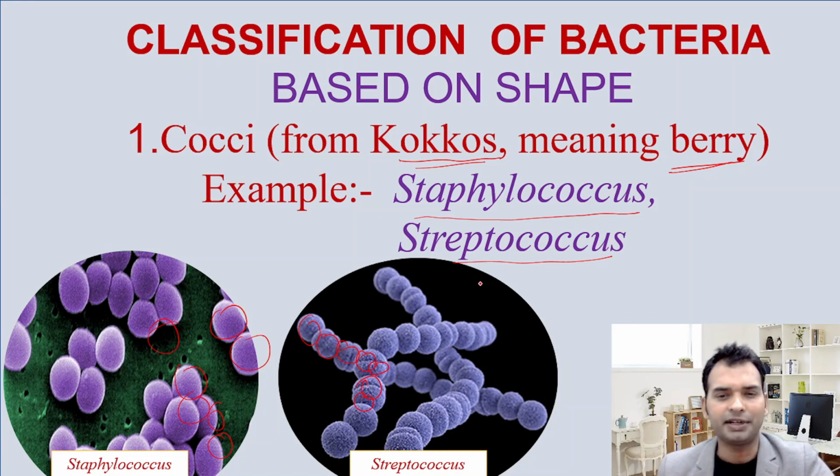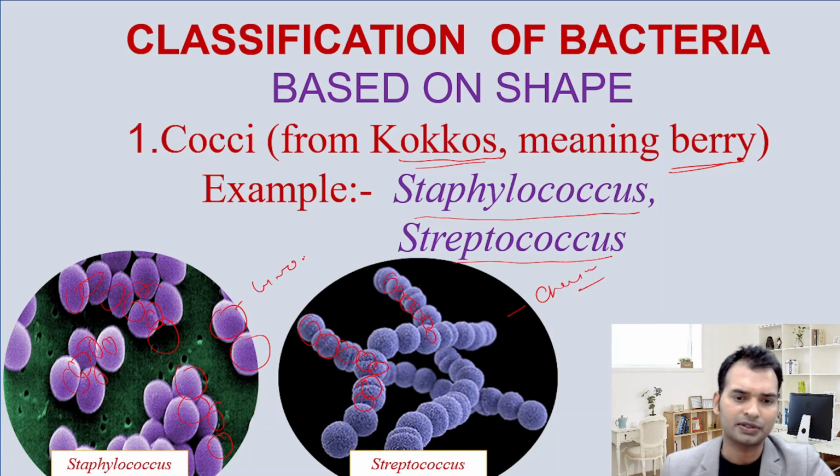But the major difference in the arrangement of Staphylococcus and Streptococcus is that Staphylococcus is always present in groups, but Streptococcus is present in chains, in groups or pairs.